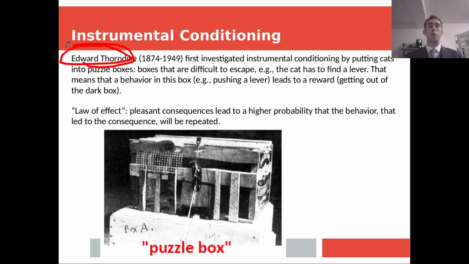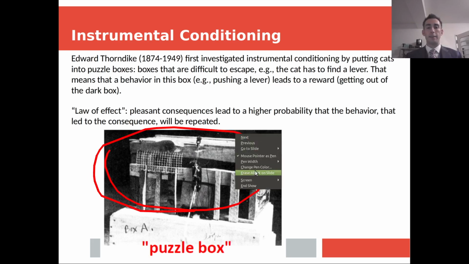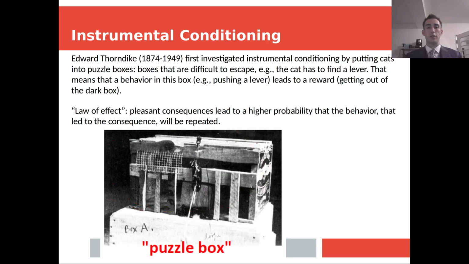Edward Thorndike was a psychologist who investigated instrumental conditioning by putting cats in what he called puzzle boxes. Here's a picture of one. The boxes were difficult to escape, so the cats had to find some sort of levers to get out of the box.